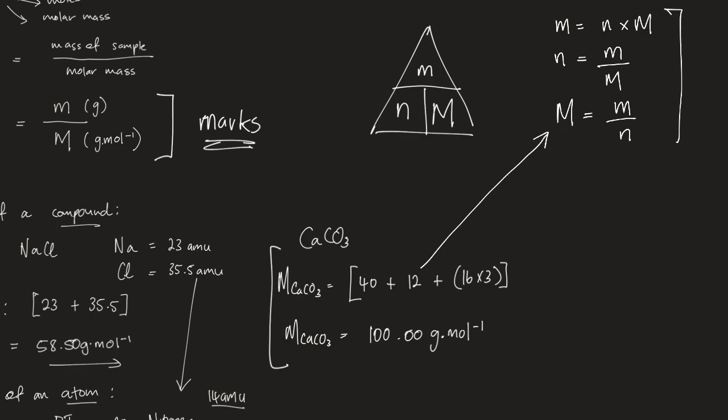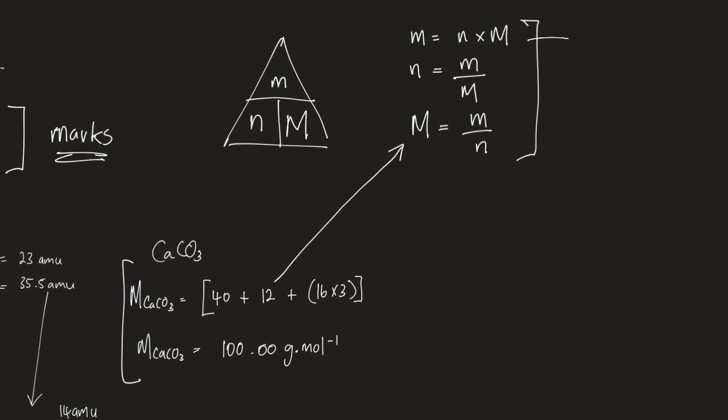So for these formulas, you get no marks. The only one you get marks for is n is equal to m over M. And that is your formula.